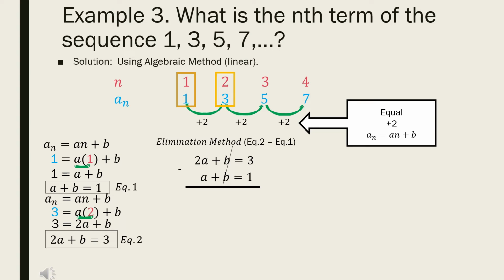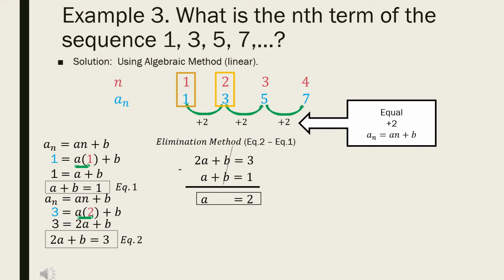So let's proceed to the next variable. We have a. We have here 2a minus a is a, or 1a. But you can just write 1a or a. It's just the same anyway. So a is just equal to 3 minus 1 is 2. So there we got the first value of our variable. Okay, so a is equal to 2.